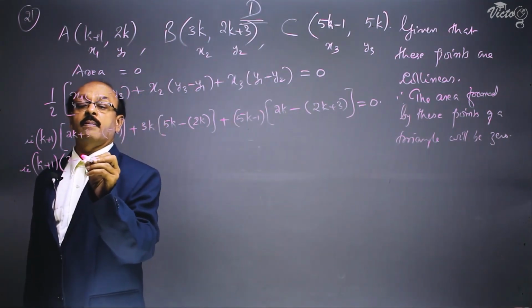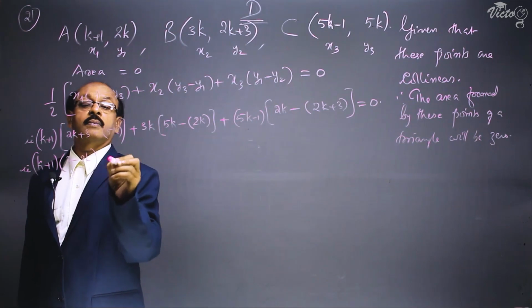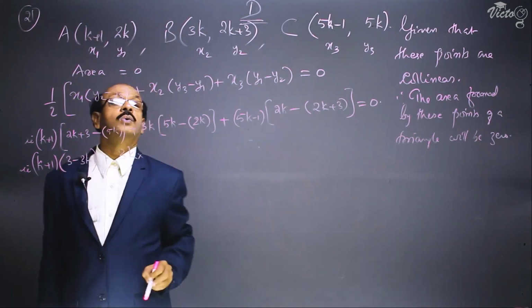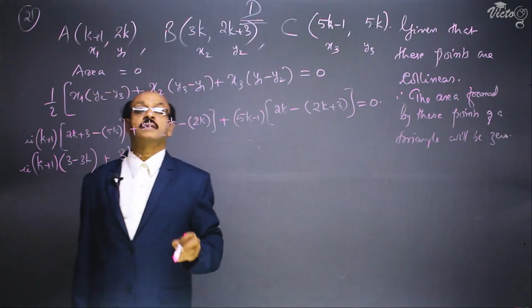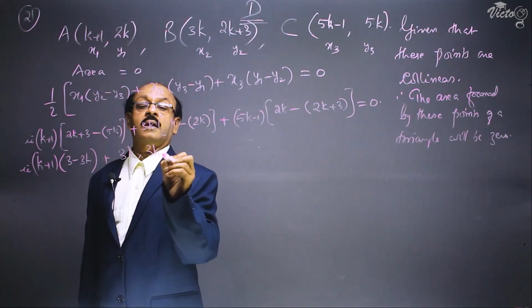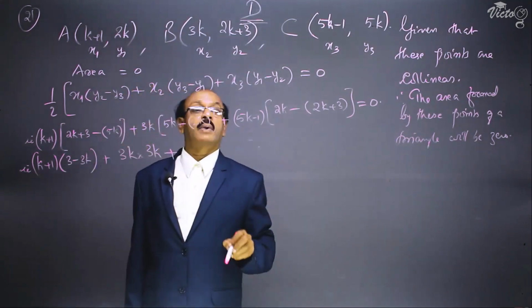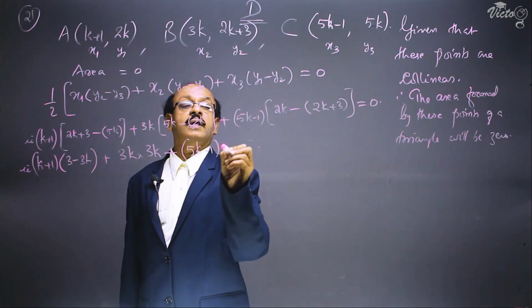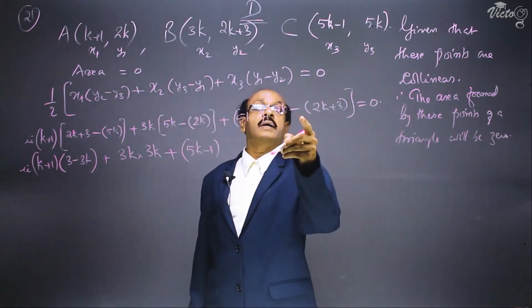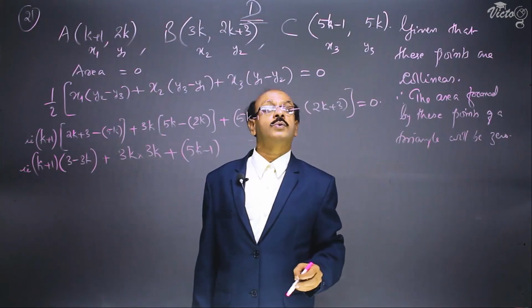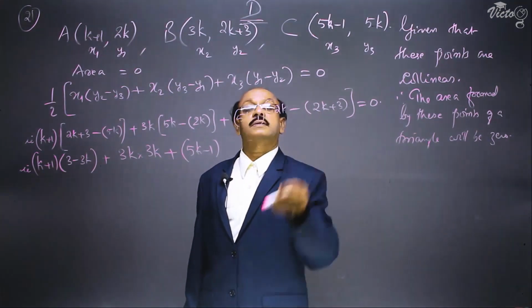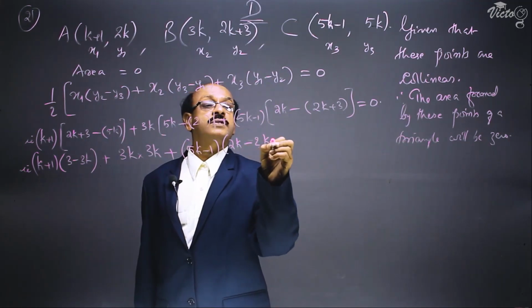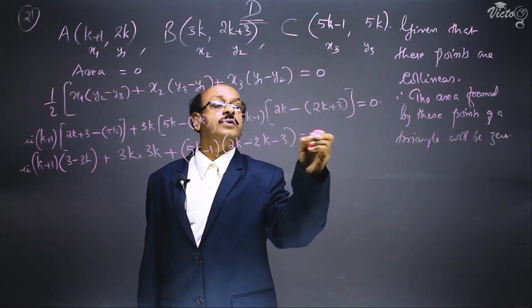So (k plus 1) into (3 minus 3k), plus 3k into (5k minus 2k, which is 3k), plus (5k minus 1) into (2k minus (2k plus 3)), which is 2k minus 2k minus 3, is equal to 0.